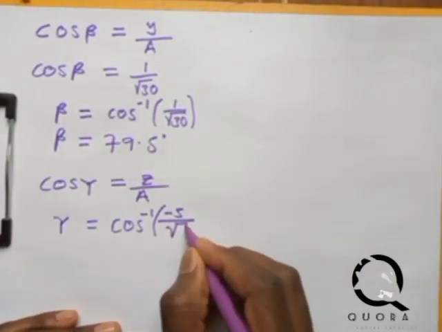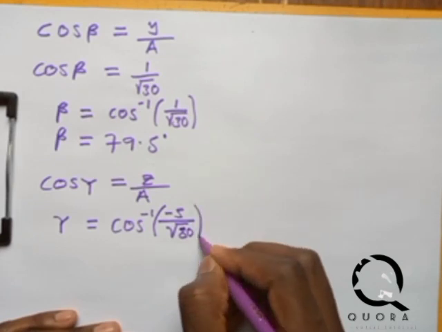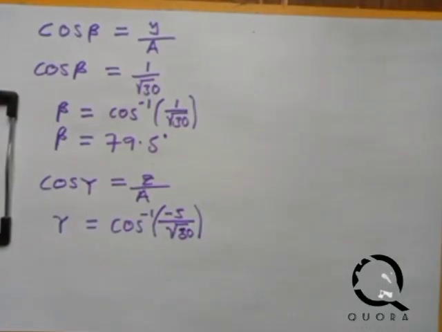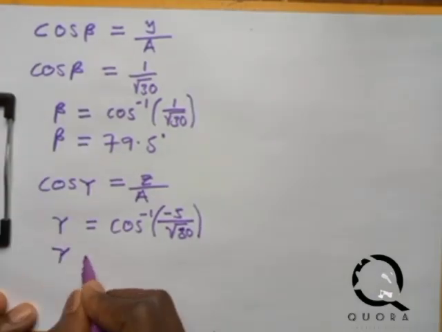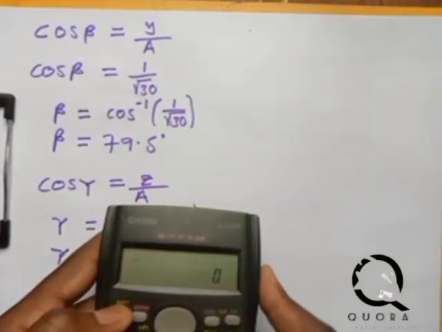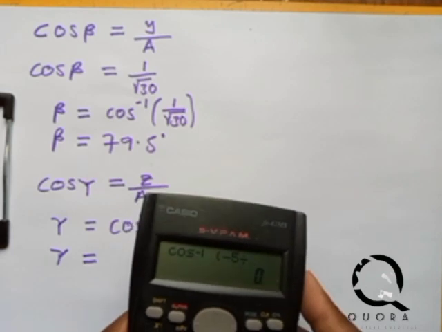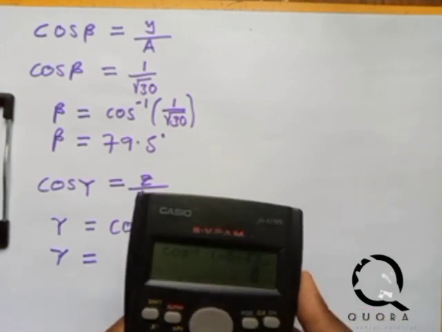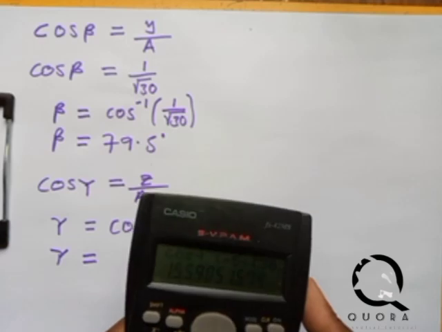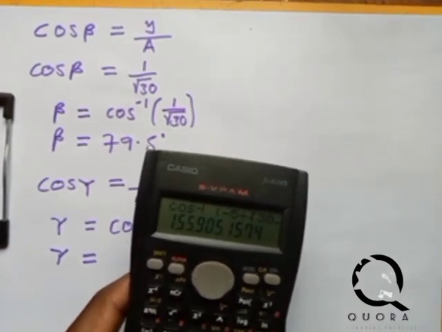So here I'll say over root of 30, like this. Okay, so if we punch this, gamma is going to be equal to, so say cos inverse of negative 5 divided by square root of 30, I close, we are getting 155.905.